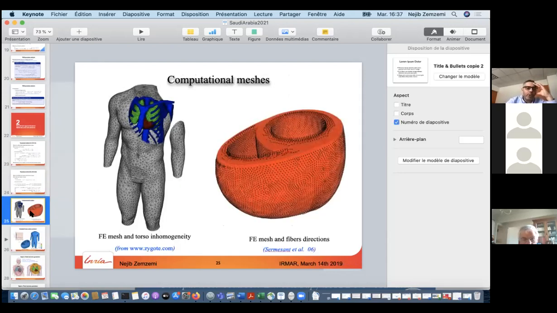Now, once you have your scheme, you make a computational mesh that comes from segmentation of medical images. From the segmentation, you have a triangulation of the surfaces of the different organs that you introduce. In the heart, you have to introduce also the fibers in order to introduce the anisotropy of the tissue.